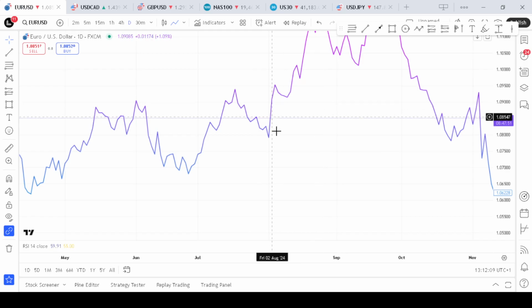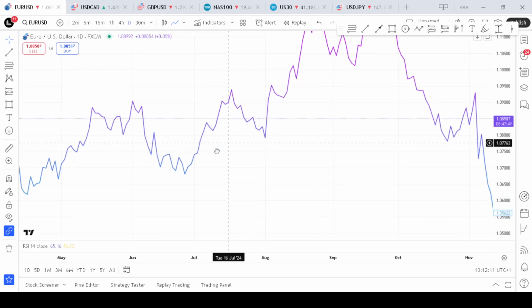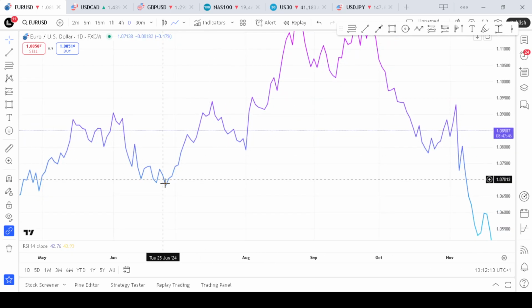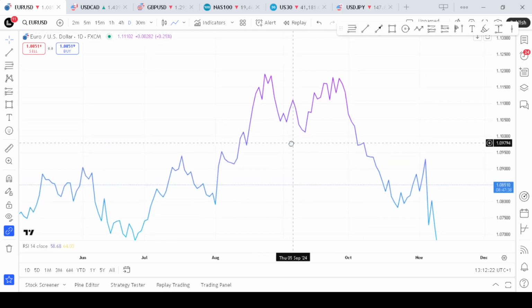Take a moment to look at the chart on my screen. Notice how the line smoothly connects each closing price. You can see how smooth it is, creating a visual representation of the market movement over time.